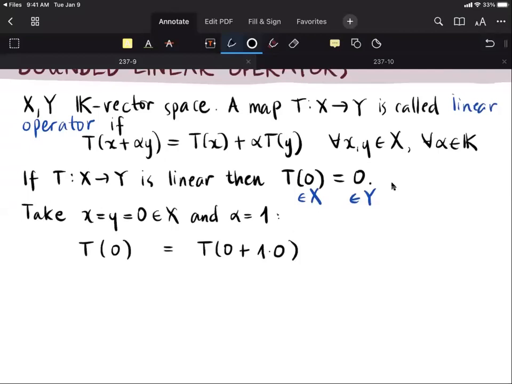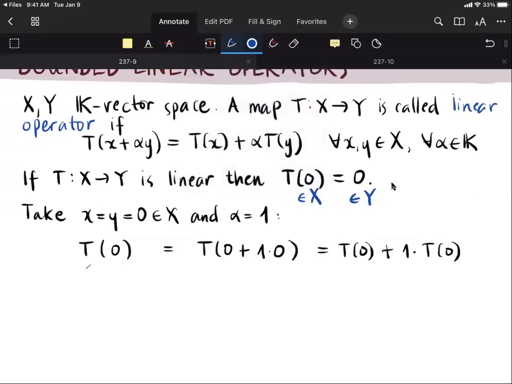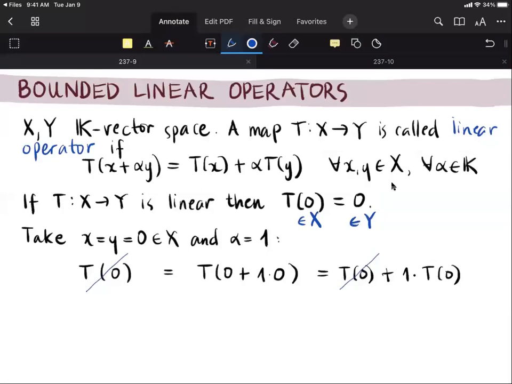Linearity implies that this is T of 0 plus 1 times T of 0. And immediately you can see, by canceling T of 0, and since 1 times T of 0 is T of 0, you get this equality. So for linear operators, the image of the zero vector in the domain is the zero vector in the codomain.